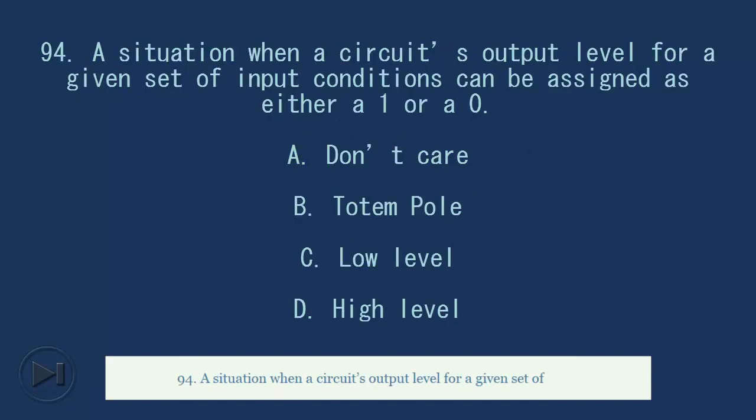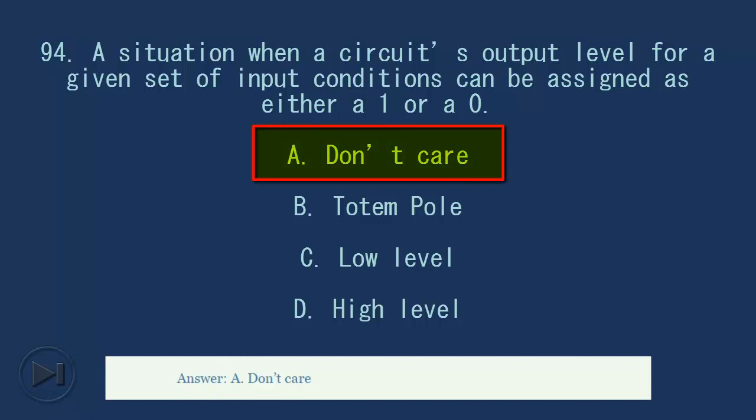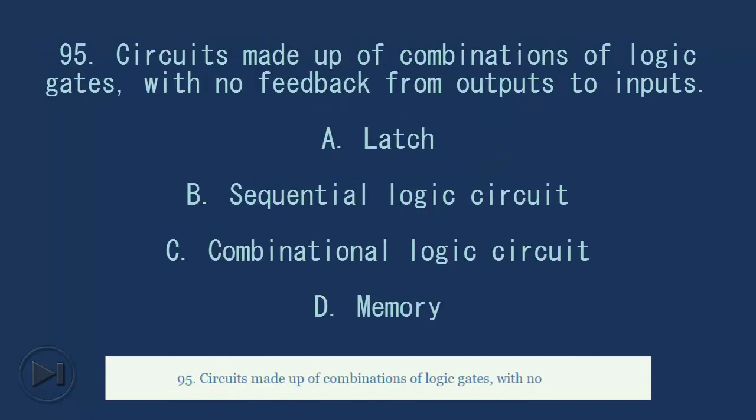94. A situation when a circuit's output level for a given set of input conditions can be assigned as either a 1 or a 0. A. Don't care. B. Totem pole. C. Low level. D. High level. Answer, A. Don't care. 95.